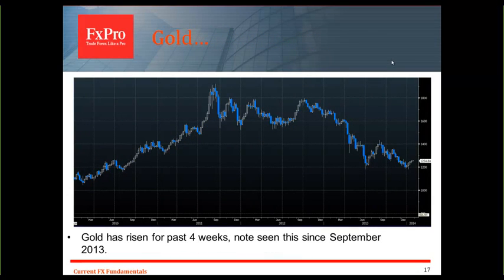Just want to finish off looking at gold. This is the weekly chart. So you can see on here we have seen 1, 2, 3, 4 weeks of consecutive gains. I think we've not seen that since September of last year. So it's certainly a strong start to the year for gold.